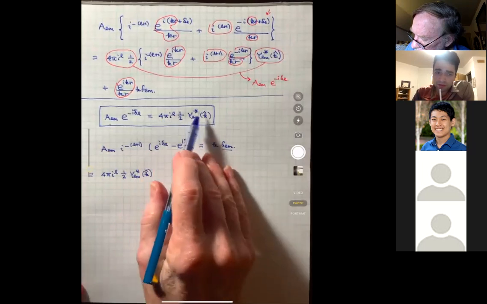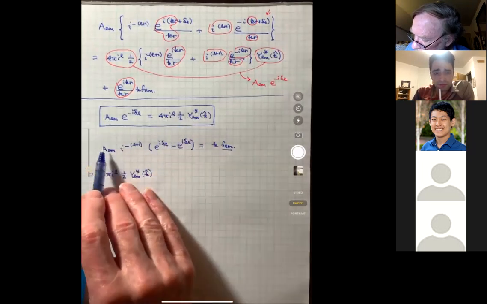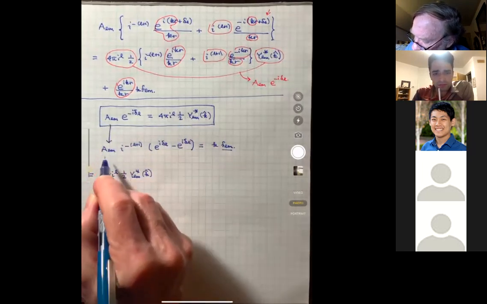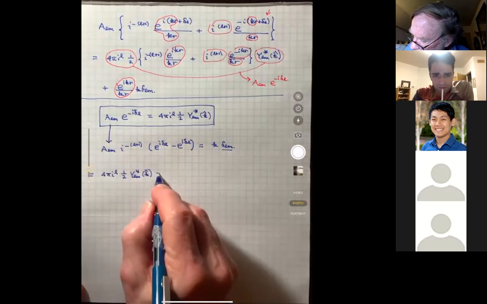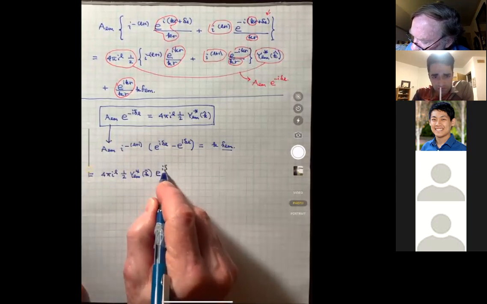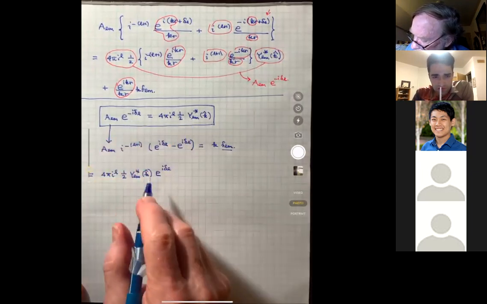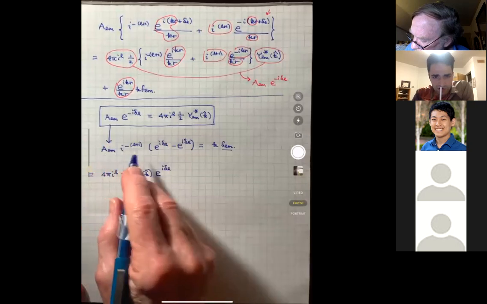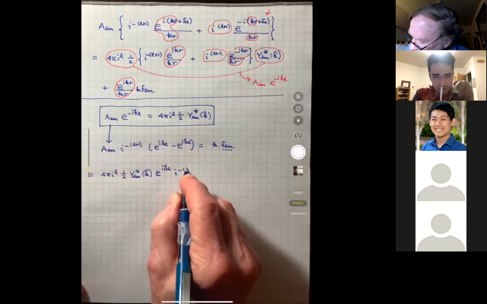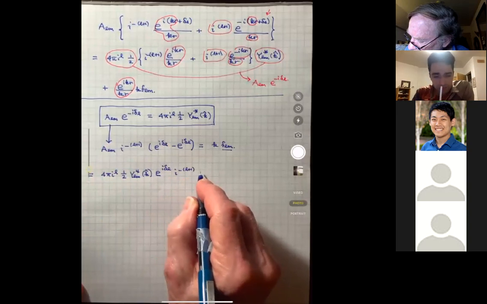There's an e to the i delta L that comes from bringing that over. Then I have the rest of this. I have i to the minus L plus 1.